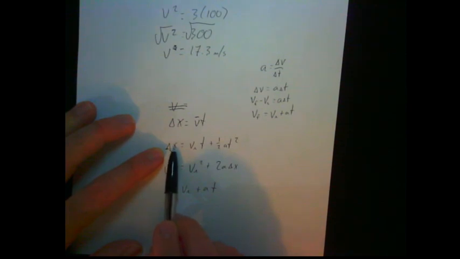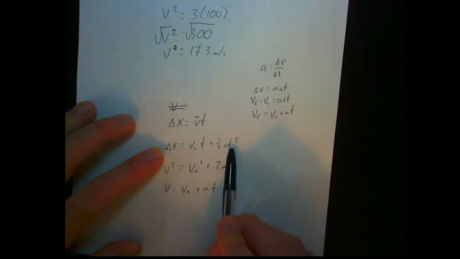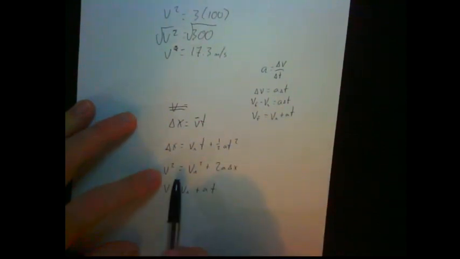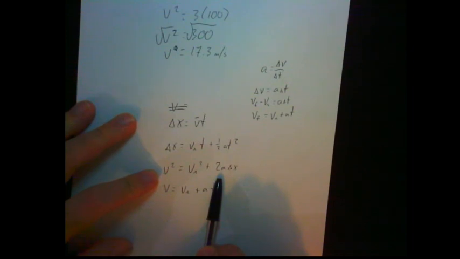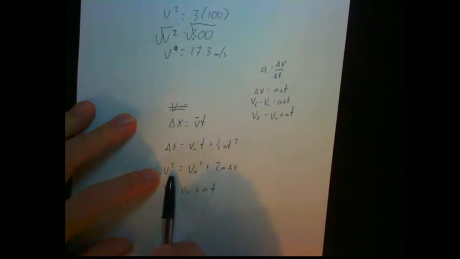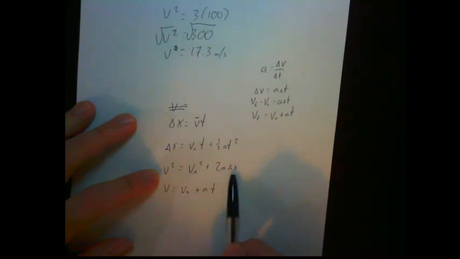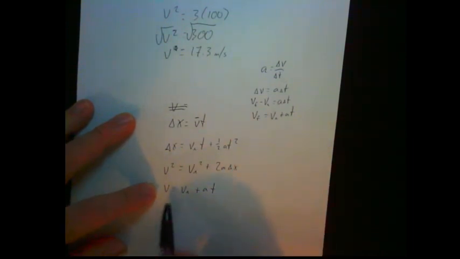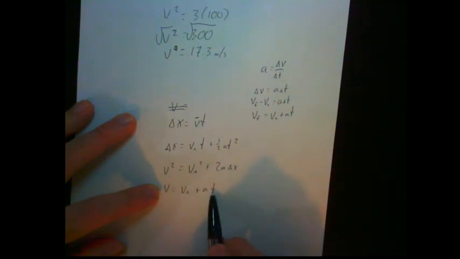Our givens, or what we're asked for, have to include displacement, acceleration, and time. This one cannot include time. This one must have an initial velocity and a final velocity and acceleration and displacement. And this one is what relates initial, final velocity with time.